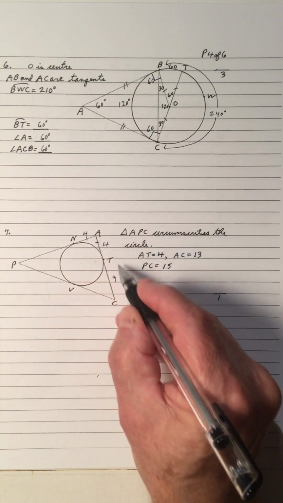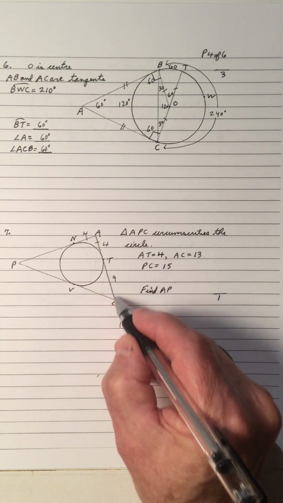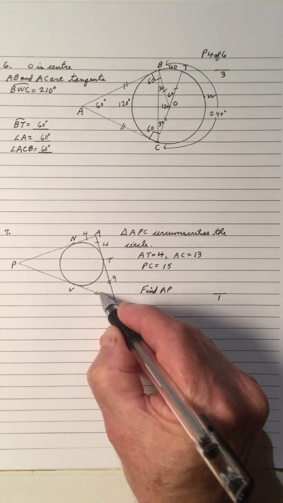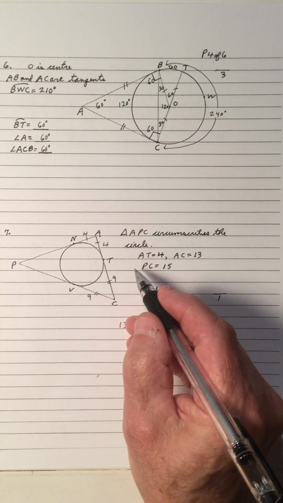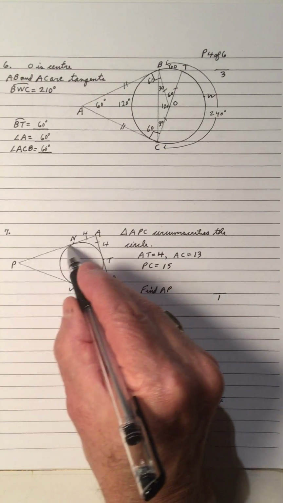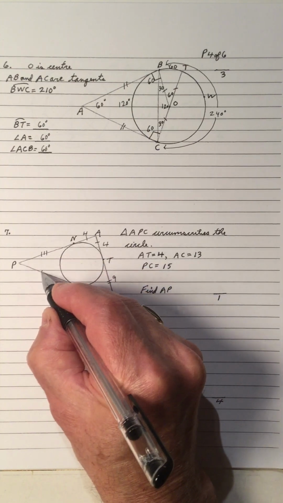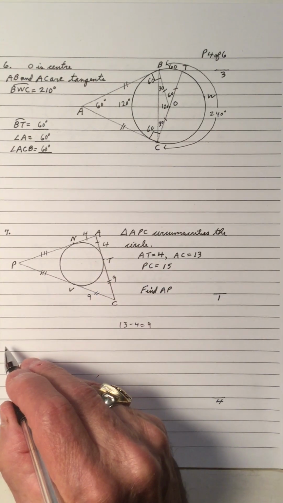So that's a 4. This is 2 tangents from this common point C, so these two are equal. So that means that's 9. And this is 2 tangents from this common point P, so that means that PN equals PV.